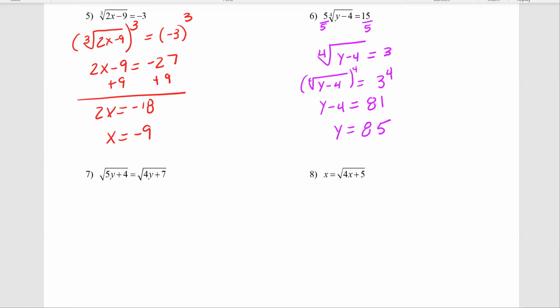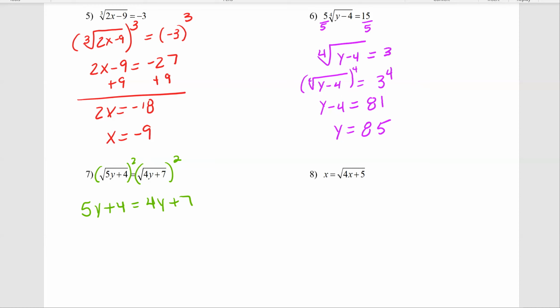Example 7, we have a square root on both sides, so we can square both sides. Or we can also think logically that in order for 2 square roots to be equal, the radicands have to be equal.